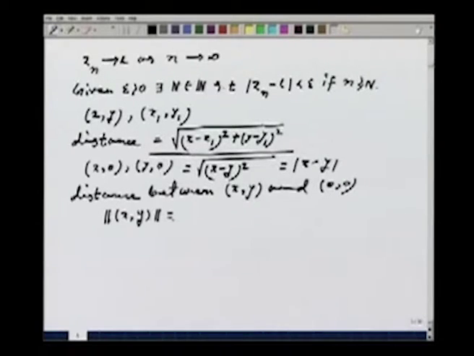By the above definition, this is the square root of x squared plus y squared. That means in this definition you just take x1 to be equal to 0 and y1 to be equal to 0. Then what you get is this.